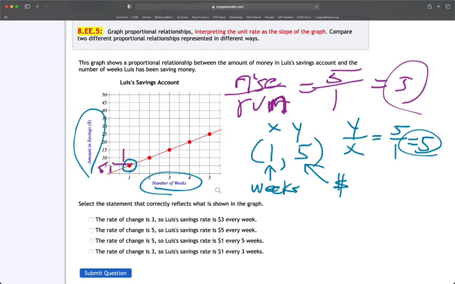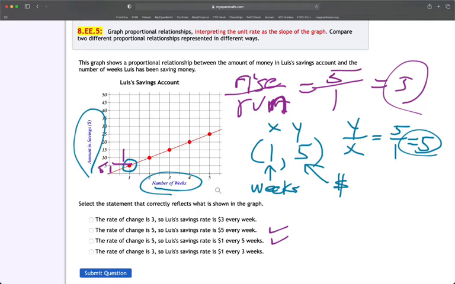So either way, we get a rate of change or a slope of 5. So right now we know it has to be either the second or third option there. But if we dig down a little bit further, I'll take the second option here. So Luis's savings rate is $5 every week.